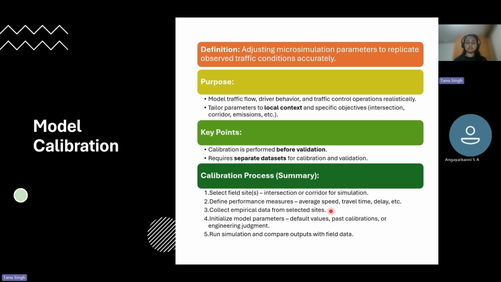Then initialize model parameters. We give default values depending on past calibration or judgment. Then run the simulation and compare the output with the field data, and adjust it so that it is similar to the traffic condition.